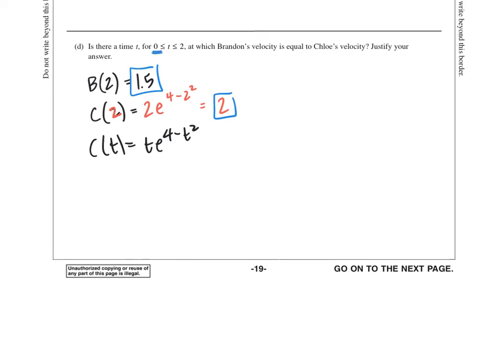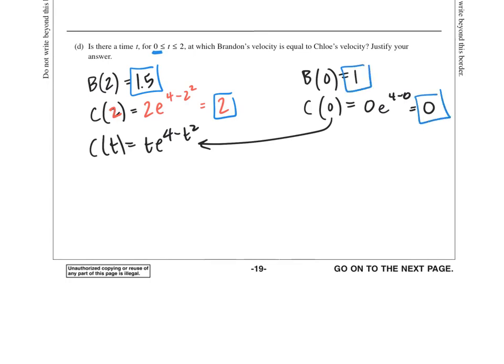Let's go find their velocities at 0. Brandon's velocity at 0 is 1 mile an hour. Chloe's velocity at 0 hours, if I plug 0 into my function, I'd get 0 times e to the 4 minus 0, which we know is 0. So Chloe's velocity at 0 hours was 0, and Brandon's was 1. What we want to think about is, was their velocity ever equal to one another? This is going back to the intermediate value theorem again.